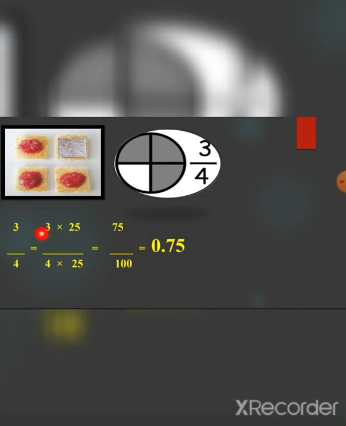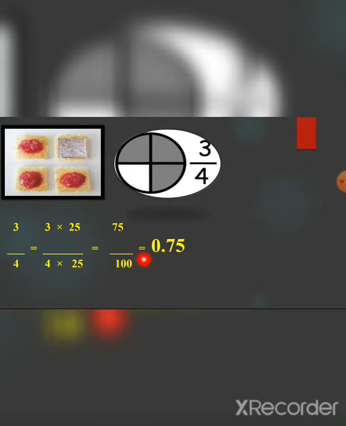Now 3 upon 4 we will multiply by 25, because we want the denominator as 100. Here 3 multiplied by 25 upon 4 multiplied by 25, we get the answer as 75 upon 100. Now you can convert this fraction into decimal. Yes, because the denominator is 100.